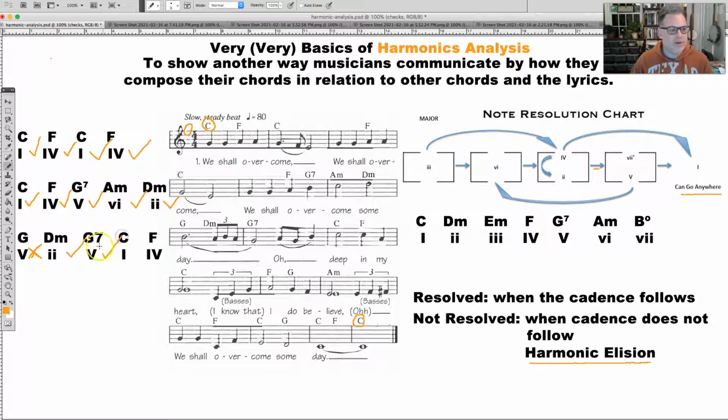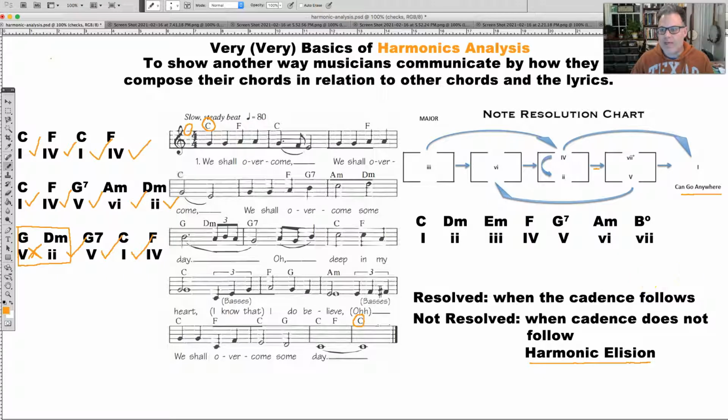Actually, 5 going to 1 is one of the strongest resolutions, and then 1 goes to 4. Okay, so that's really interesting that we see our first harmonic elision in this song. So that means that Pete Seeger, when he composed this version of the song, was creating some sort of tension.